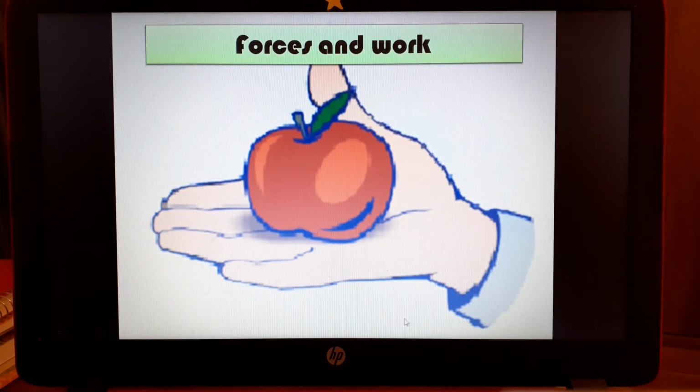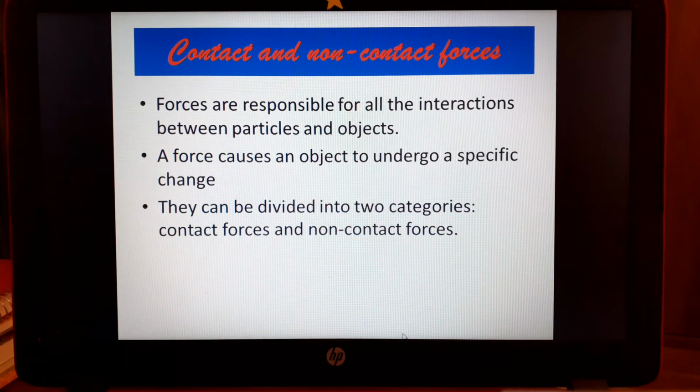First of all, we're going to start by defining force. Force is basically responsible for the actions you see between any two objects. Now, we cannot see or touch force, but we can see its effect on objects.